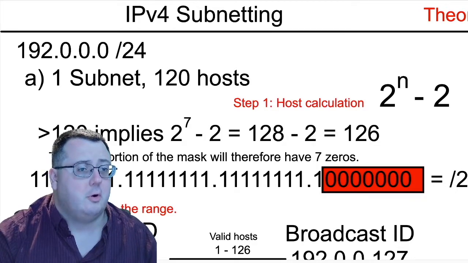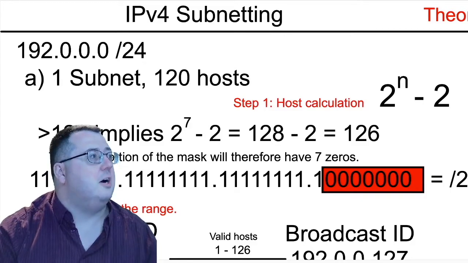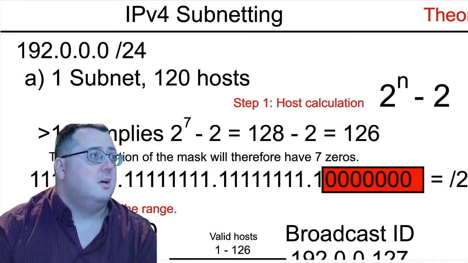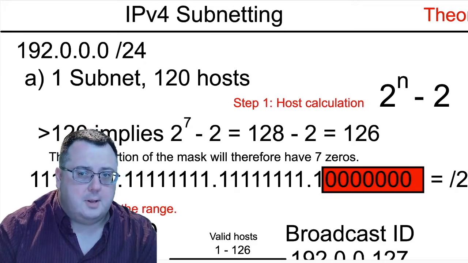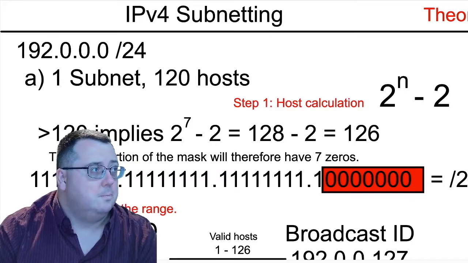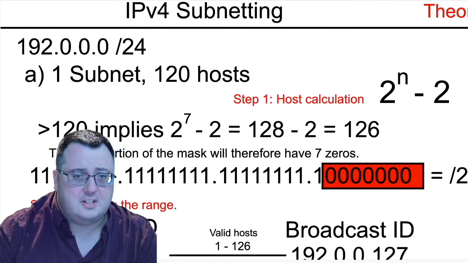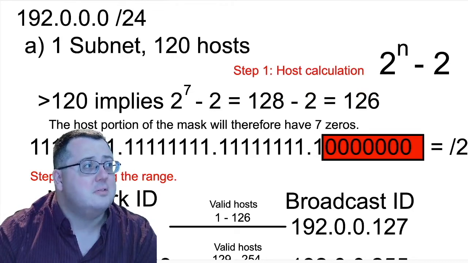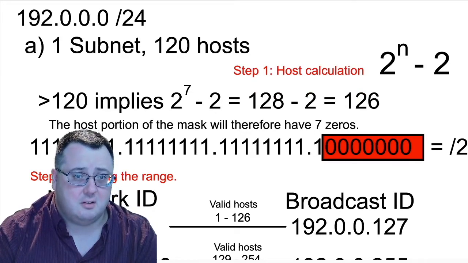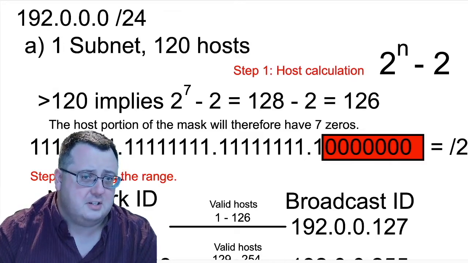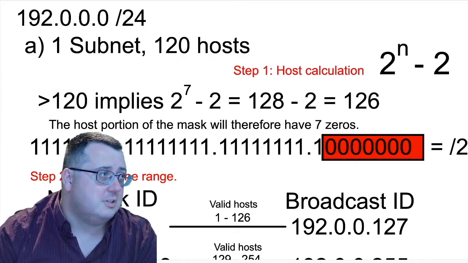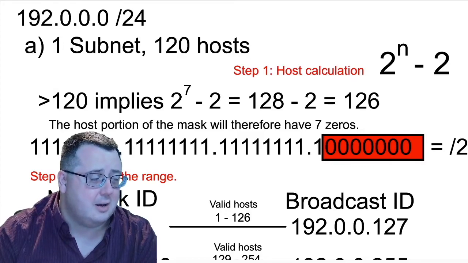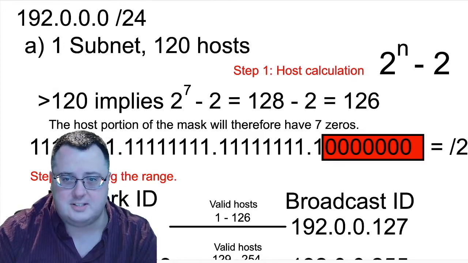192.0.0.0/24. The requirement is one subnet with 120 hosts. Okay, so the first thing we need to do is a host calculation, and that is with the formula 2 to the power n minus 2. 120 hosts means we're going to have to look at a number that's bigger than 120, and the number that's bigger than 120 that can cater for 120 hosts is 2 to the power 7, or 128. 128, subtract the broadcast and the network address, will give me 126.